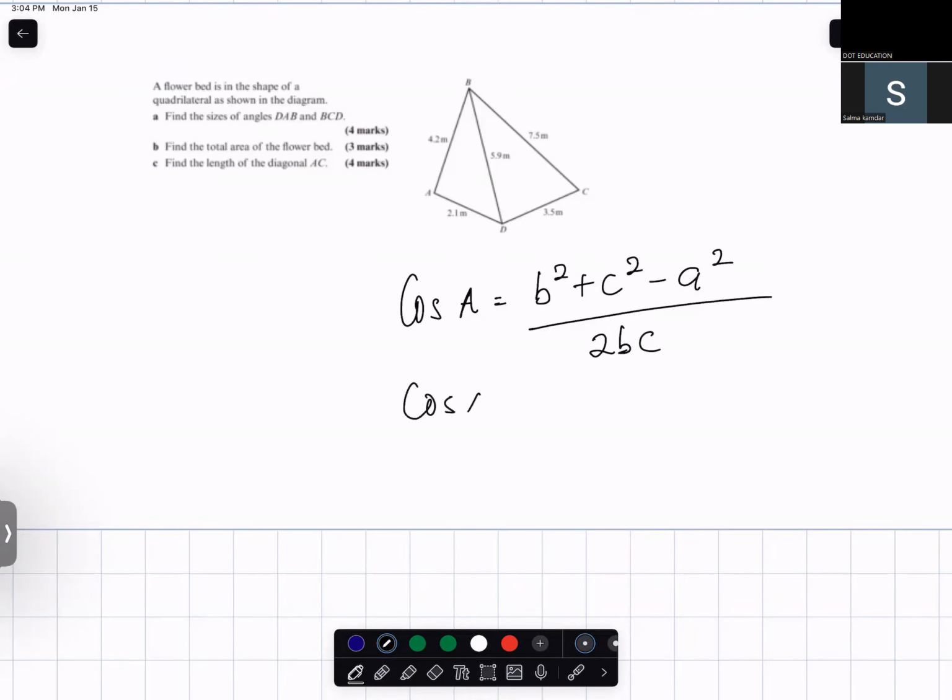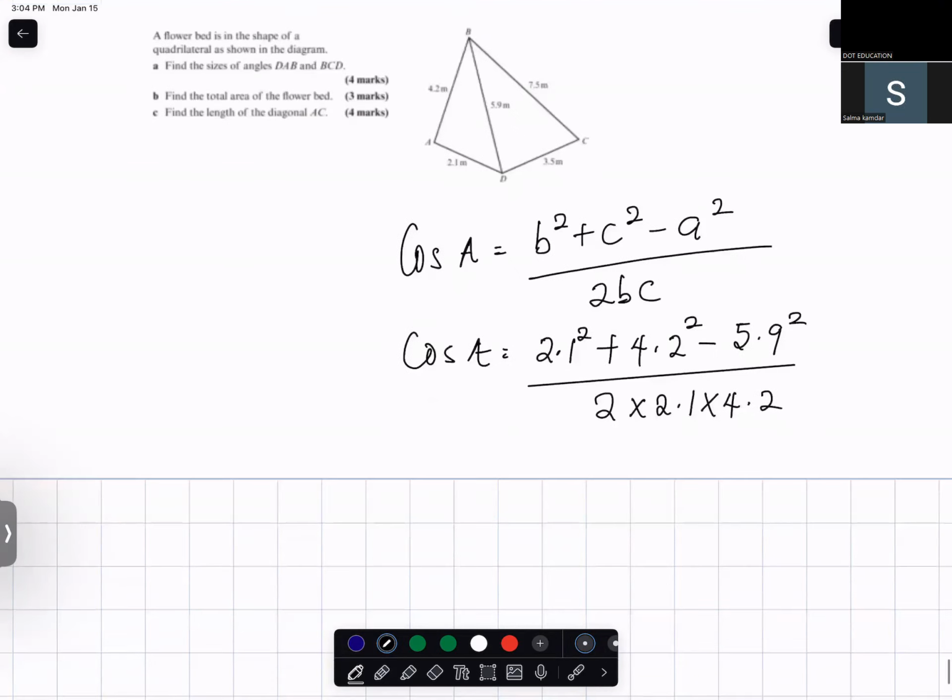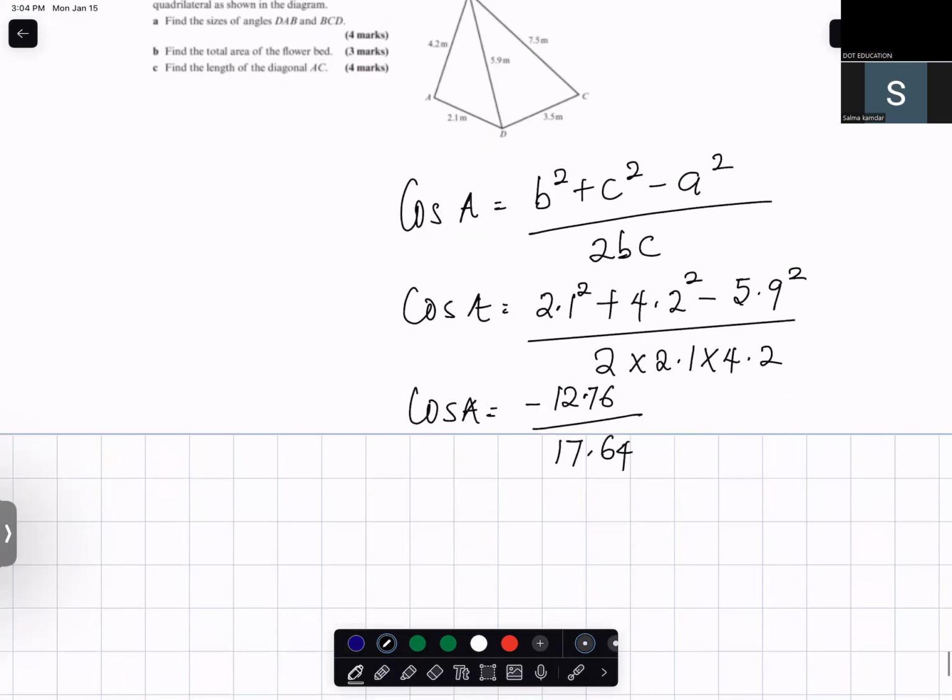So cos A will be 2.1 squared plus 4.2 squared minus 5.9 squared divided by 2 times 2.1 multiplied by 4.2. So cos A is minus 12.76 divided by 17.64. A will be the cos inverse of 0.7233, which gives 43.67.